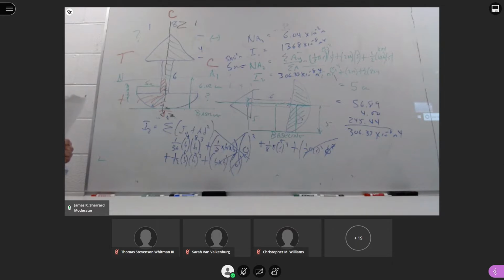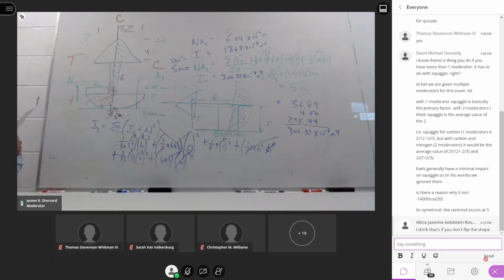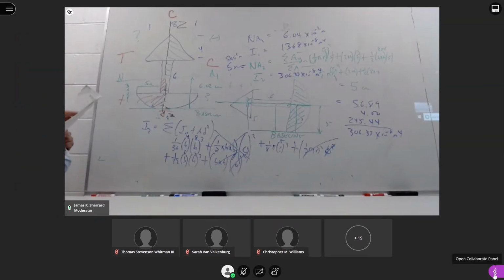At the top, you see the X prime is going through the C for the rectangle, so you use the very first one, which is 1/12 BH cubed. For the triangle, the X prime again goes through the C, the centroid, so you again use the first one, which is 1/36 the base times the height cubed.